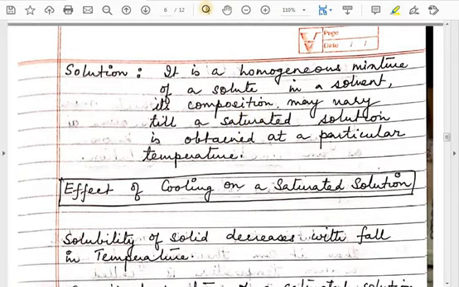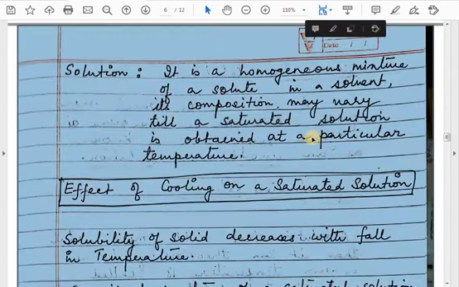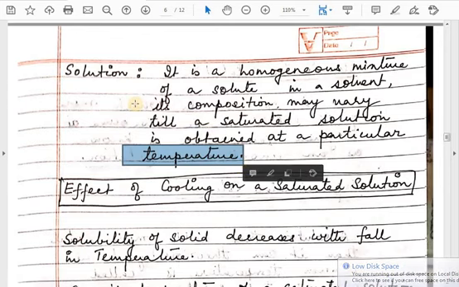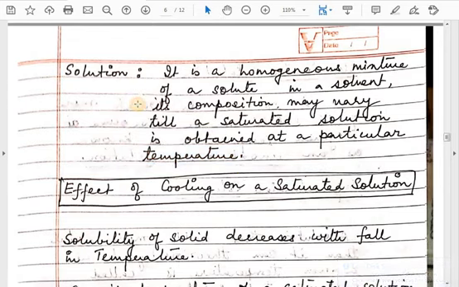So a solution is a homogeneous mixture of solute in a solvent. Its composition may vary till a saturated solution is obtained, again, at a particular temperature.